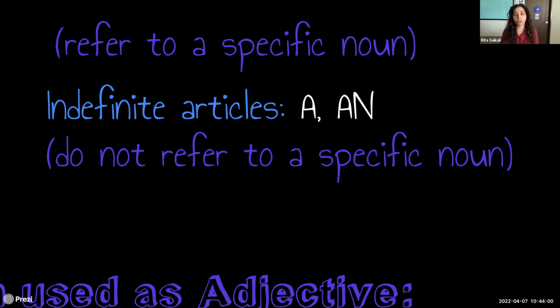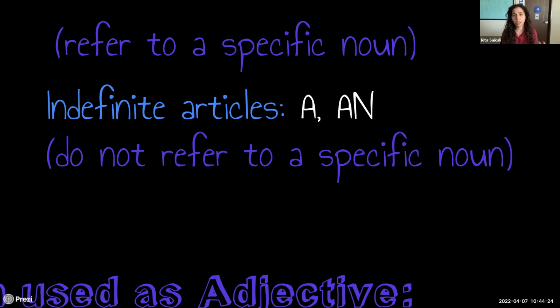So these are also articles that are sometimes seen as adjectives. A lot of times they have their own category, definite and indefinite articles. But for the most part, they can also be considered adjectives because they give us more information about the noun.